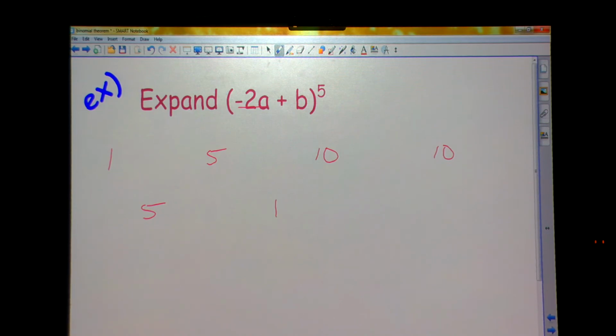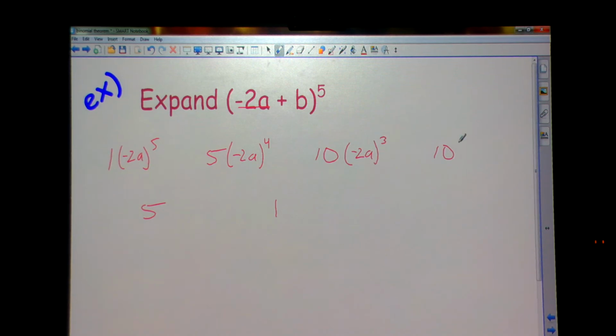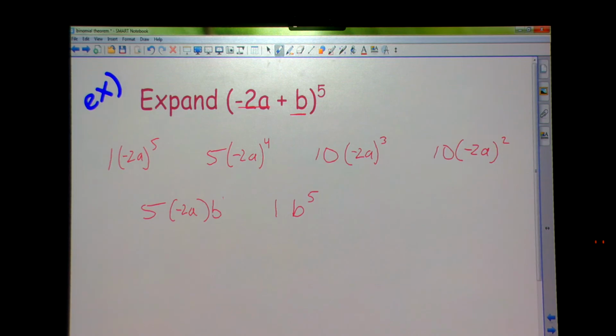So start with this, go this direction: negative 2a to the 5th, negative 2a to the 4th, negative 2a cubed, negative 2a squared, negative 2a, and then nothing. Now go backwards: b to the 5th, b to the 4th, b cubed, b squared, b. Put pluses between all of them.